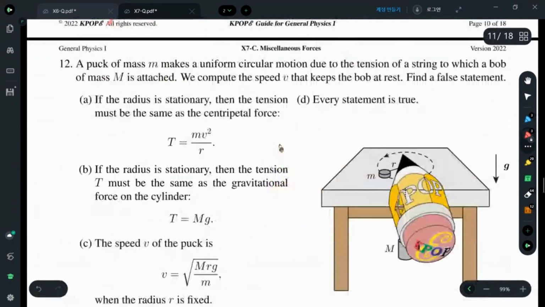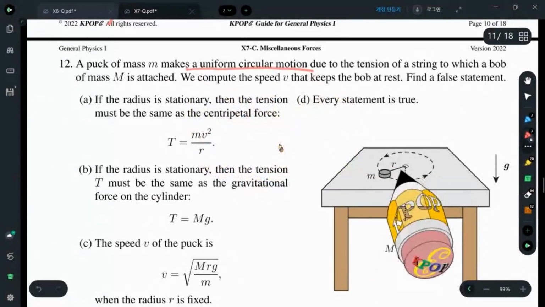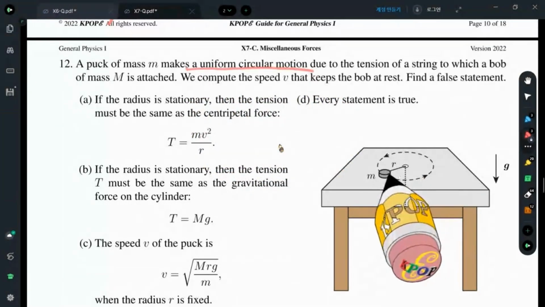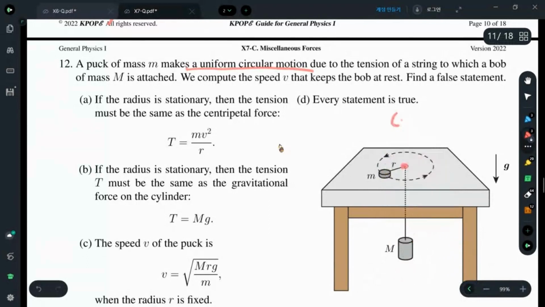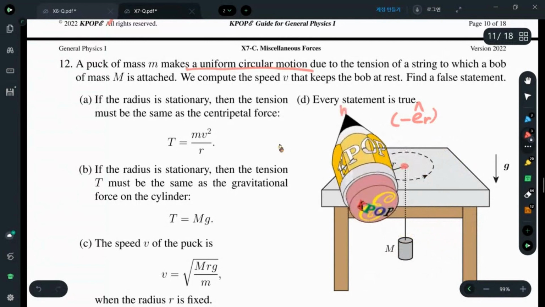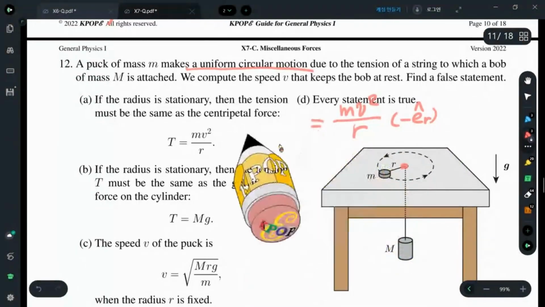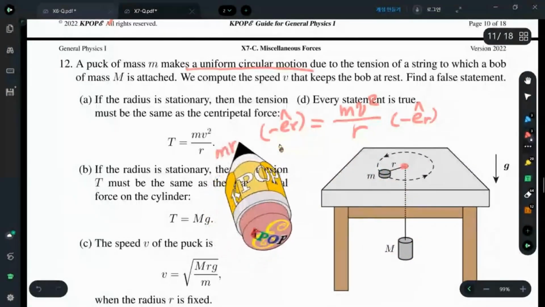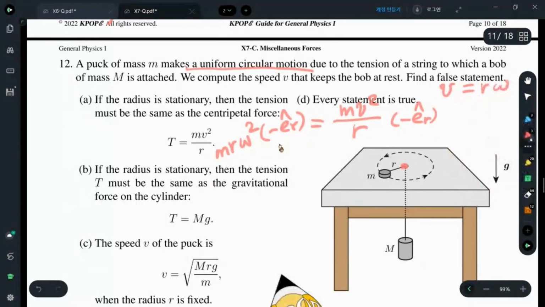A puck is making a uniform circular motion. If it is making a uniform circular motion, there should be a net force toward the center, minus r hat direction, and the magnitude is mv squared over r, or m r omega squared, because v equals r omega.